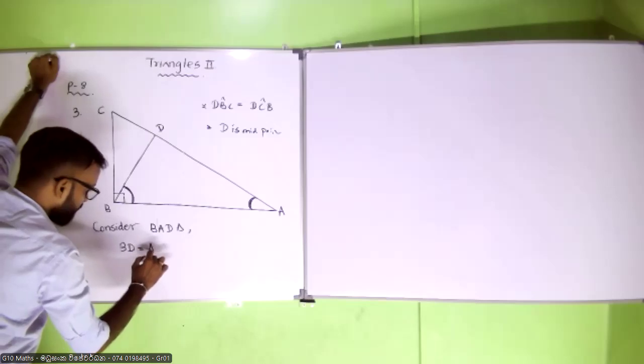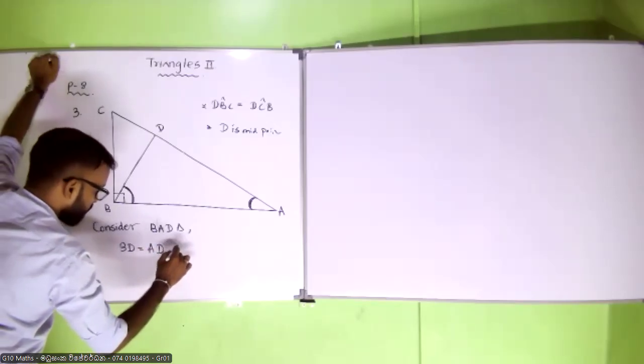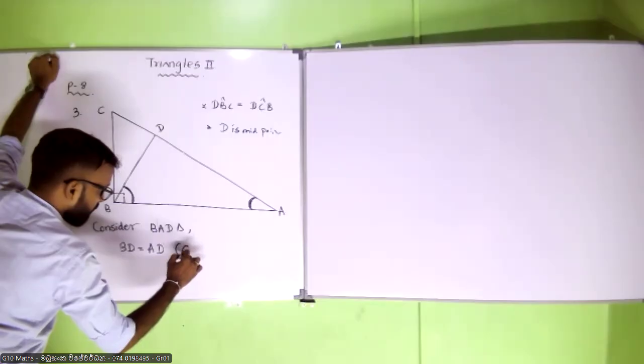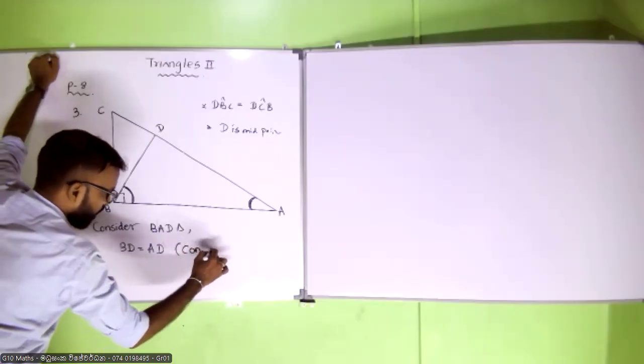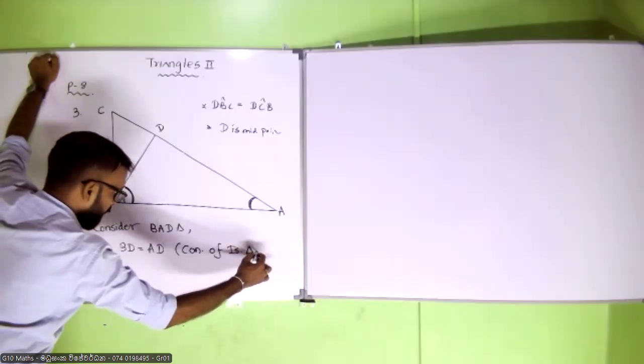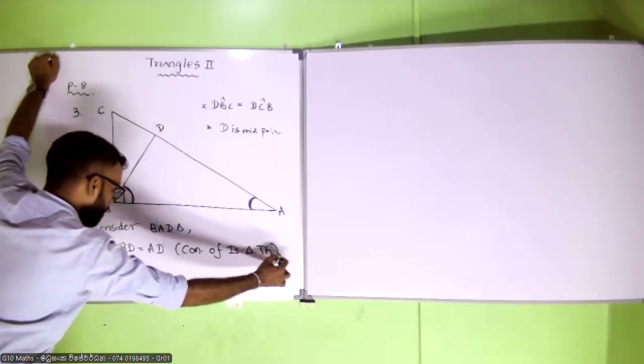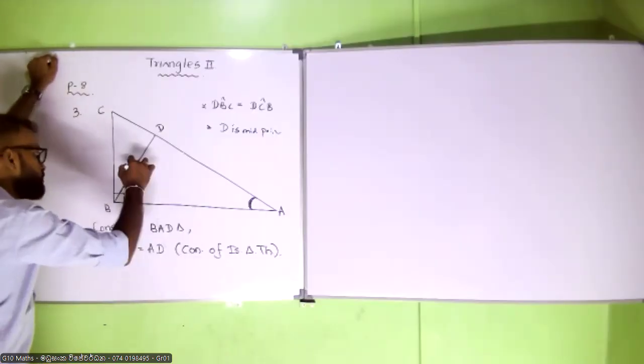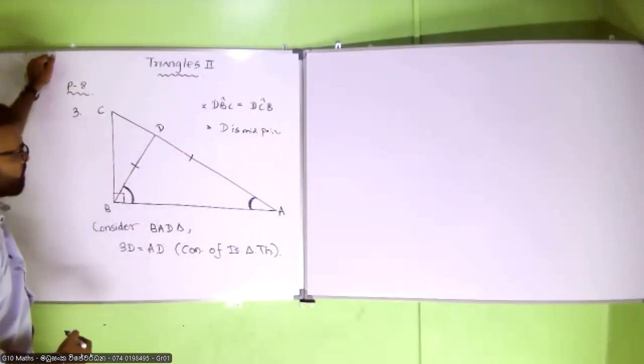Right? BD equals AD. I can directly show this because of the converse of the isosceles triangle theorem. Converse, opposite this one equals this one.